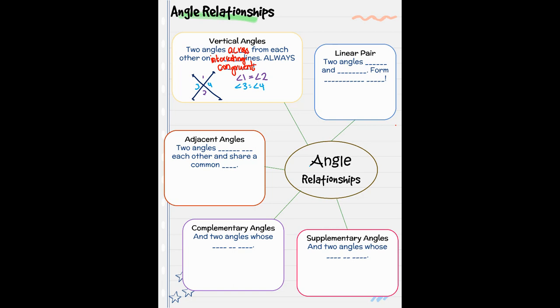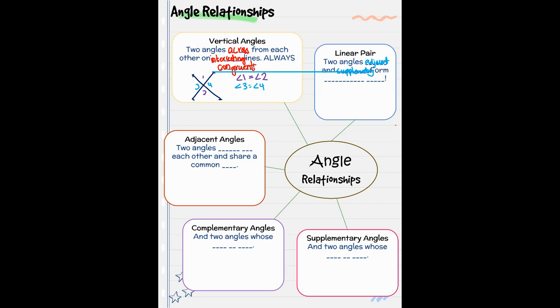Okay, a linear pair is two angles that are adjacent and supplementary. I don't think I can fit this whole word in here. Supplementary. And my pen, guys, is bored.